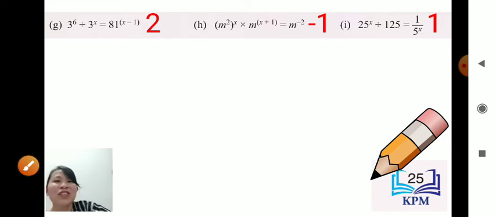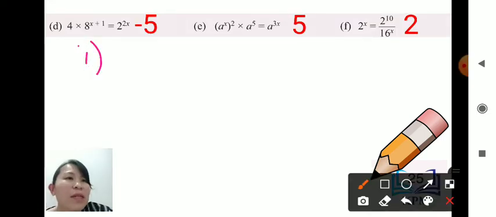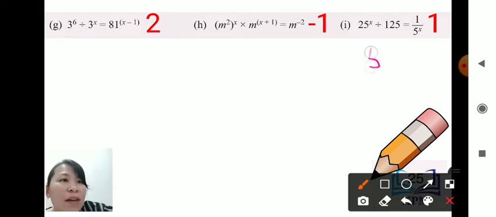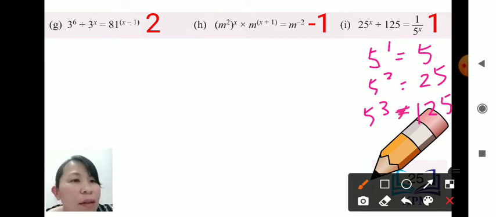So the last question, question I. Okay, question I, you must know 5 to the power of 1 is 5. 5 squared is 25. 5 cubed is 125.